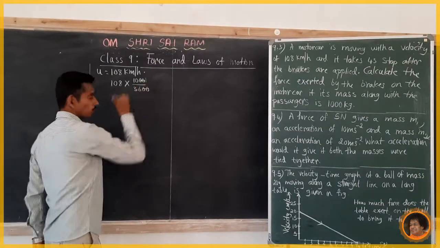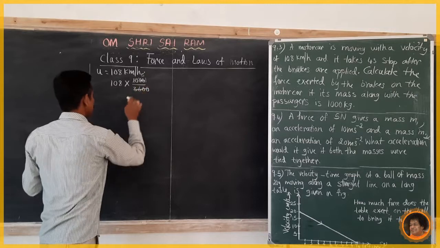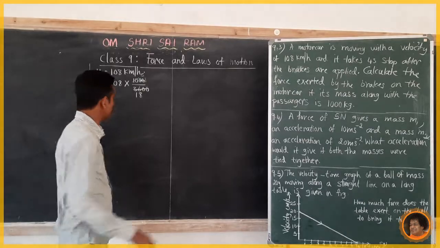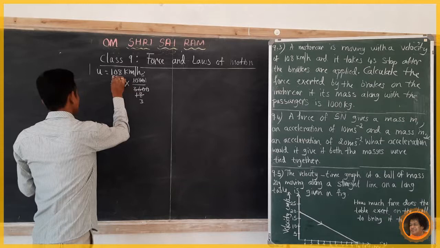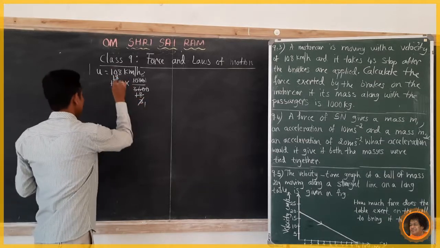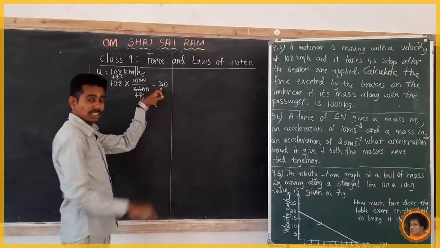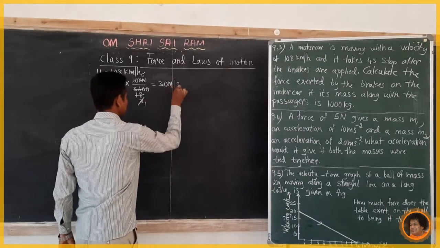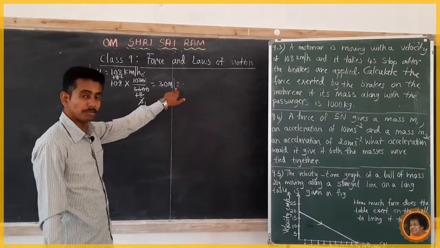The zeros cancel, and after simplifying we get 30. Is it 30 kilometer per hour? No, 30 meter per second. Now 108 kilometer per hour is converted into 30 meter per second.